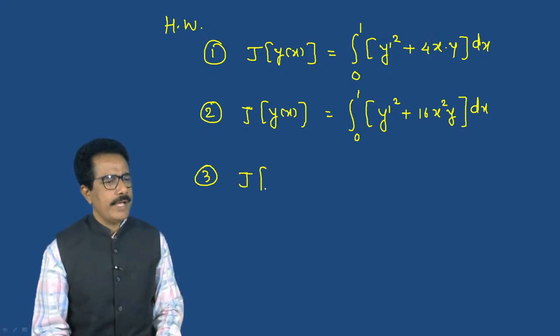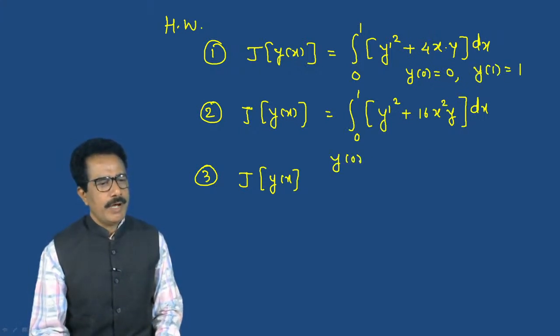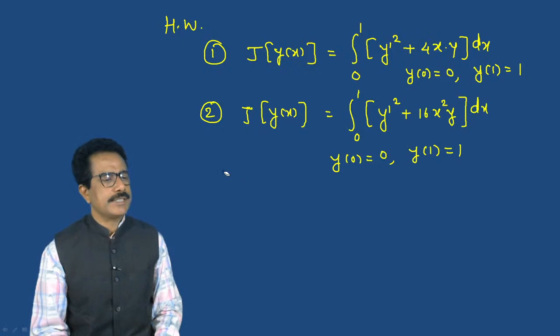Third, j of y of x is equal to, here each has its conditions, see: y of 0 is equal to 0, y of 1 is equal to 1. These are the extreme conditions.